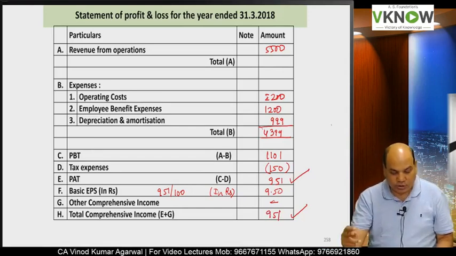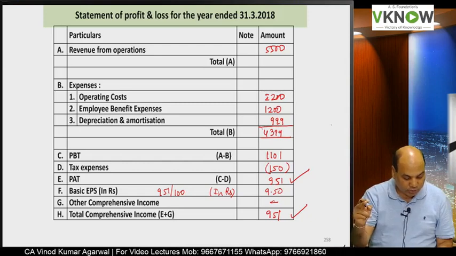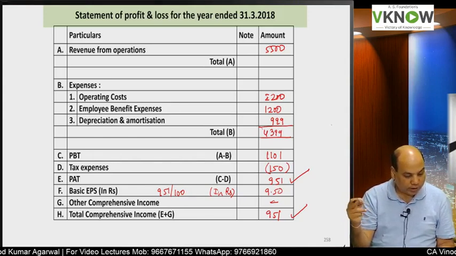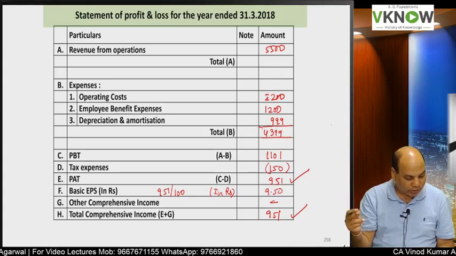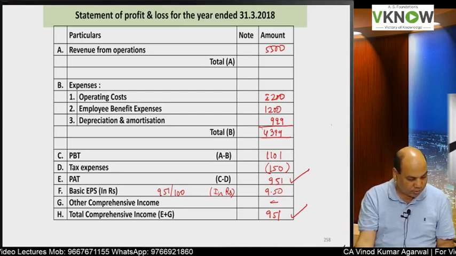Then I'll just check whether we have read all the notes in the question. Note number 1 in the question, reserve and surplus done, long term borrowing done, deferred tax done, other current liabilities done, trade receivable done, additional information A, B, C, D, E. No, E is not there, D is not there, we have done.